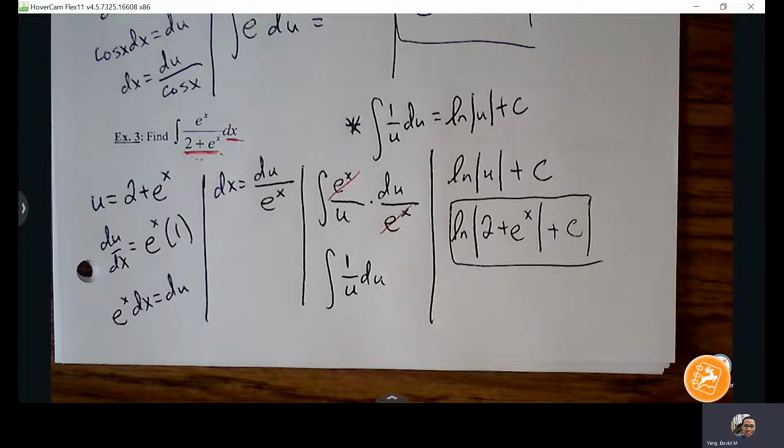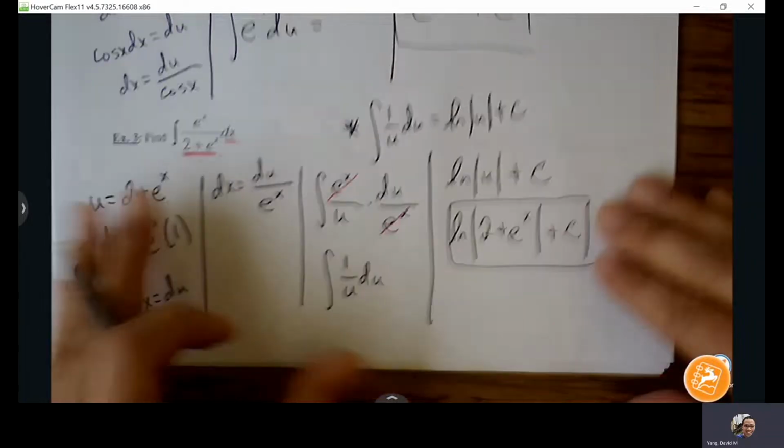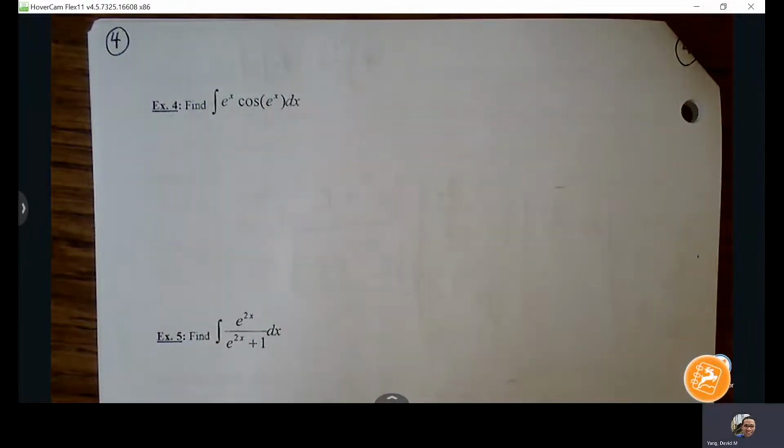Okay, look at example 4. Obviously, we don't have a rule that can handle such a messy problem, and we can't separate e to the x from cosine e to the x. They're being multiplied, so we have to go through u-substitution. But we need to strategically choose the u value so that the x's go away and we're left with something that has a matching rule.